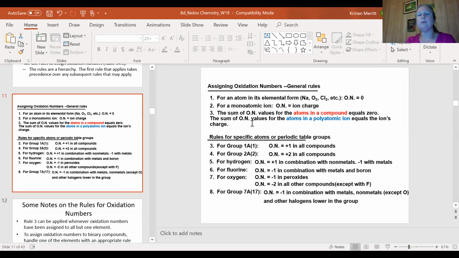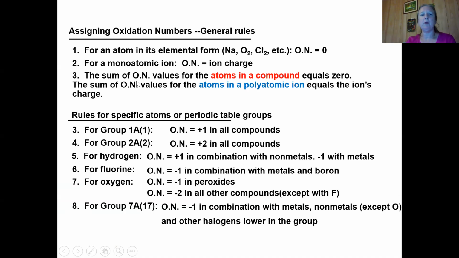So there are two sets of rules. There's a hierarchy, and if you have to choose between one of the first 3 or one of the later rules, these take higher priority. So for an atom in its elemental form, the oxidation number will be 0, right?